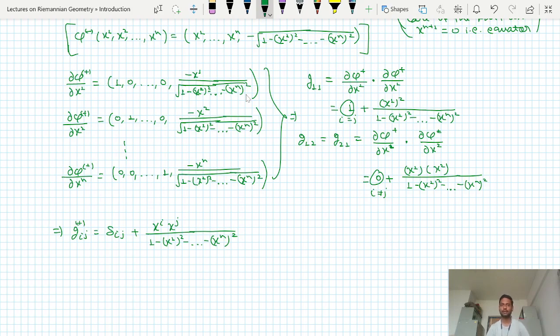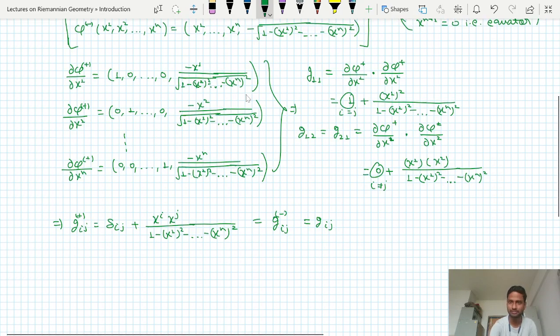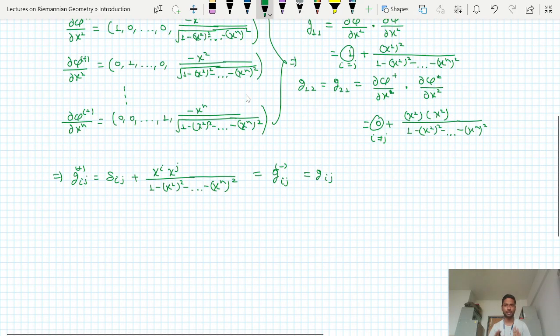These are the metric components for the upper hemisphere, and you will see that this will turn out to be the same for the lower hemisphere also. So I don't have to do anything, these will be the same. Most of the work has been done. We have the metric components.